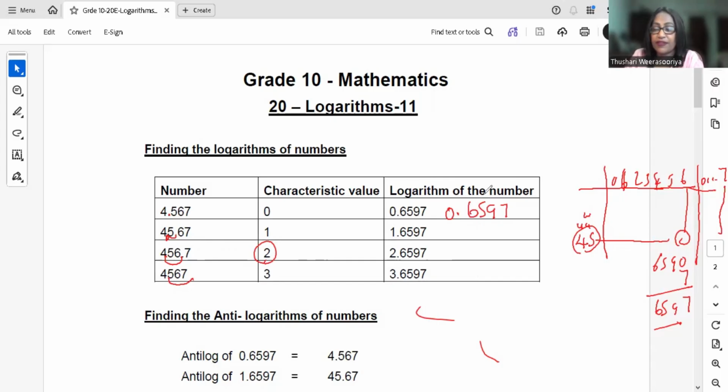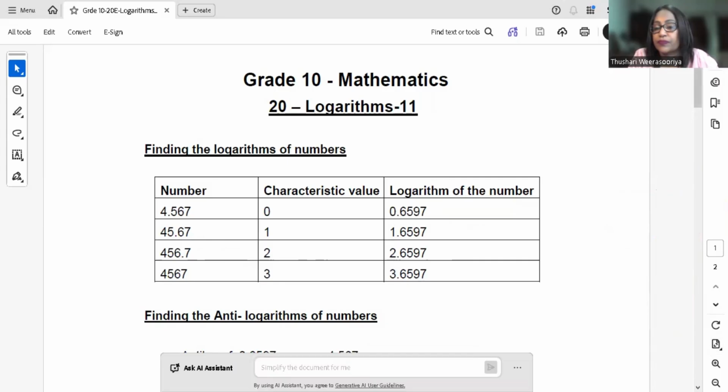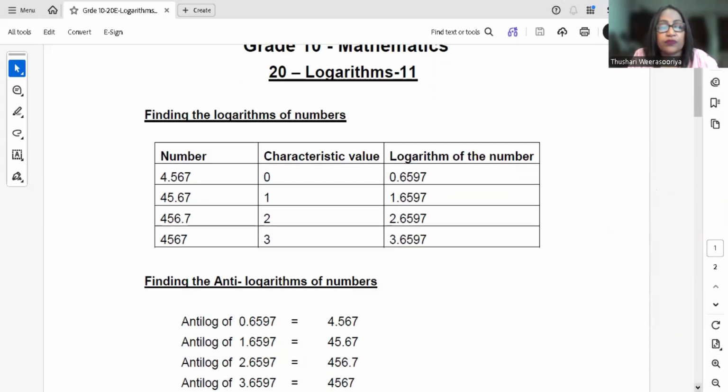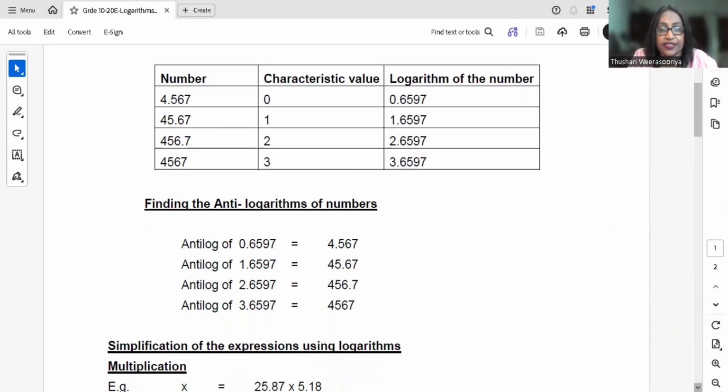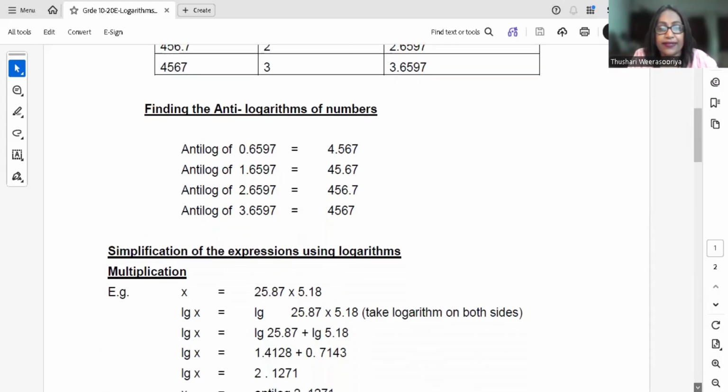Okay, we'll see how to find the anti-log. Now we do the opposite. The opposite of logarithm is anti-log.